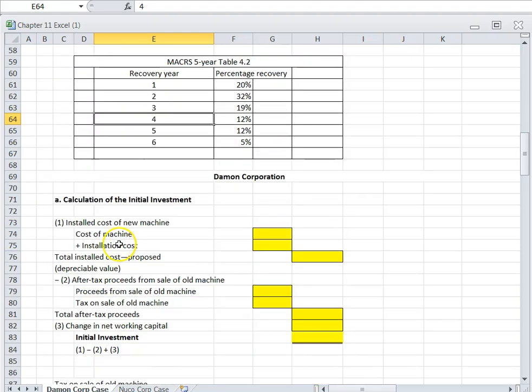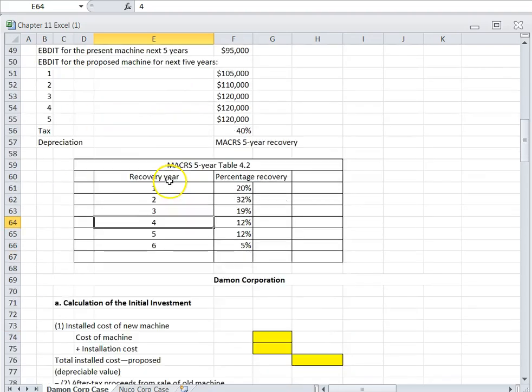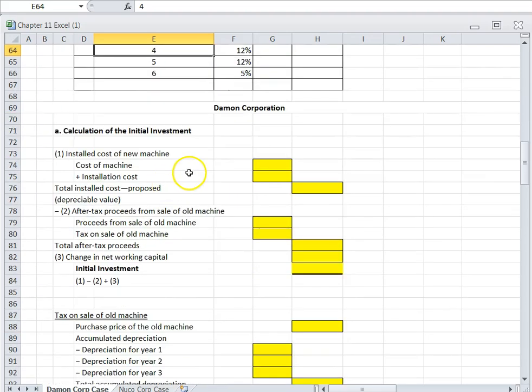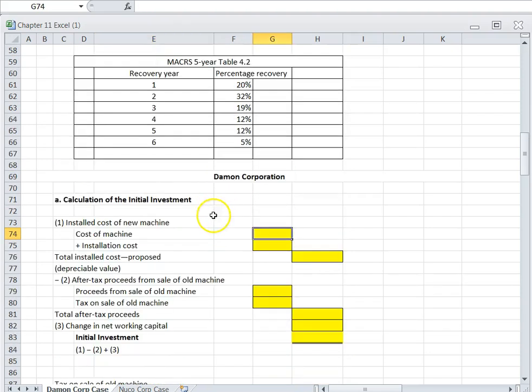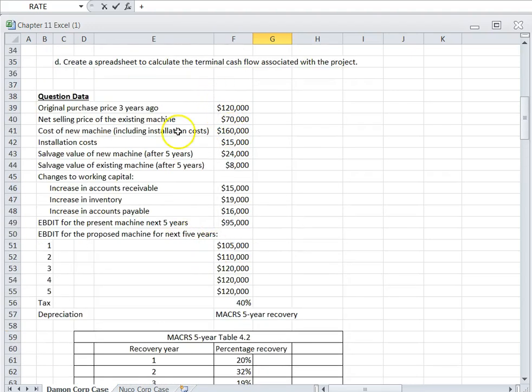All right, so I'm going to do question A. Create a spreadsheet to calculate the initial investment. I've already put the layout down for you in the spreadsheet to help you with this: installation cost, the cost of the new machine. They give me the cost of the machine including installation costs, so I'm going to have to subtract out the installation cost.